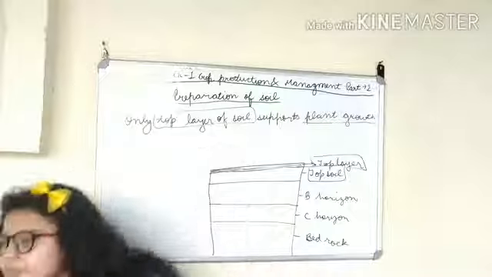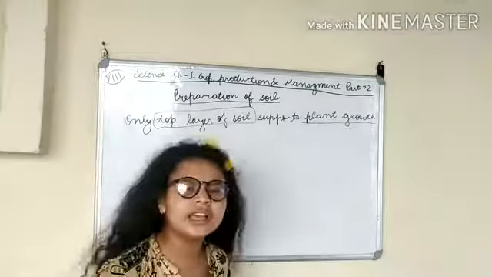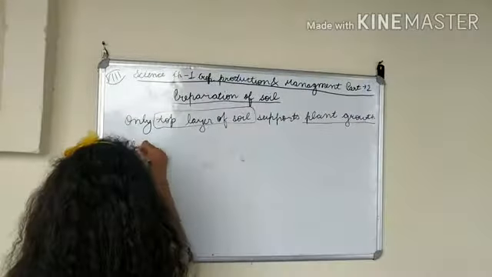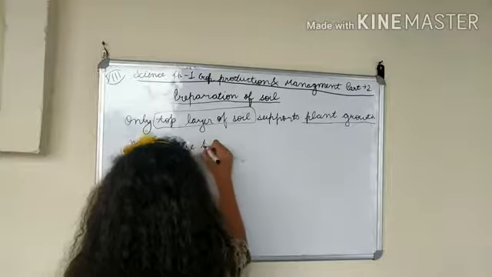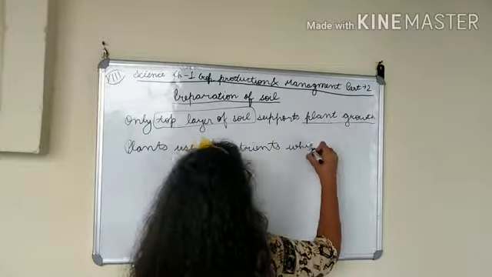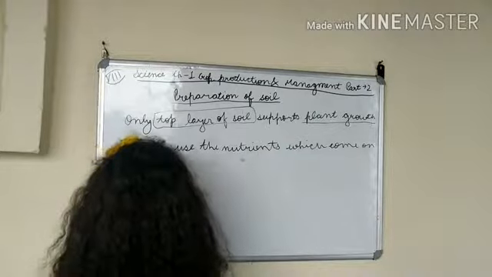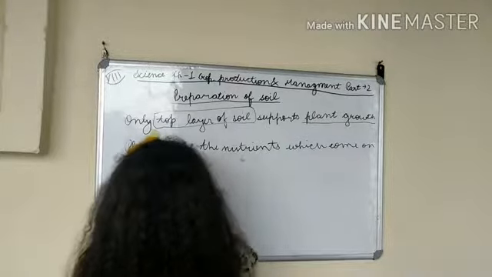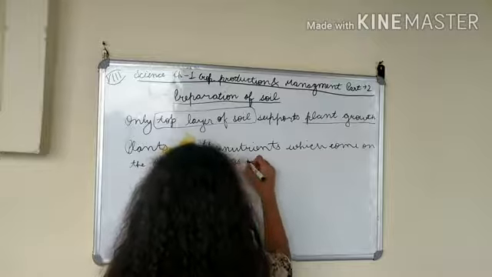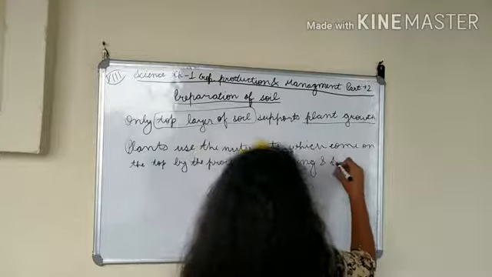Now, after that, what do plants use from the top soil? Only the top layer of the top soil supports plant growth. And what does the plant use in the top layer? The plants use the nutrients which come on the top by the process of turning and loosening.